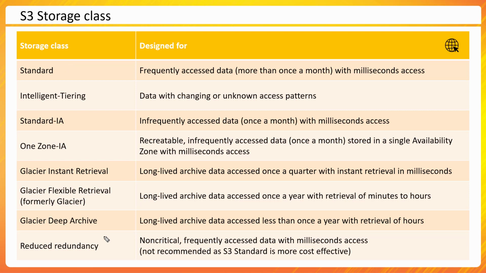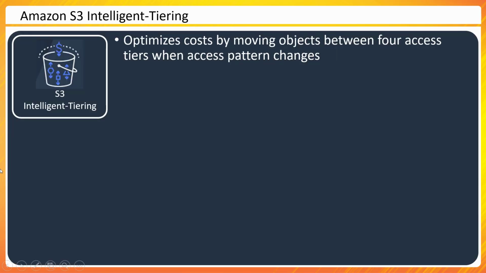We have to talk a little bit more about Intelligent-Tiering, and then we will go to the next module. Let me give an example of why we need an Intelligent-Tiering kind of option. Let's say I have a bucket and in that I have configured rules.